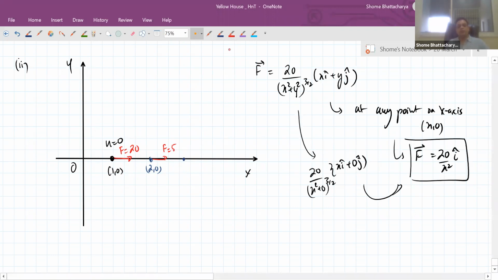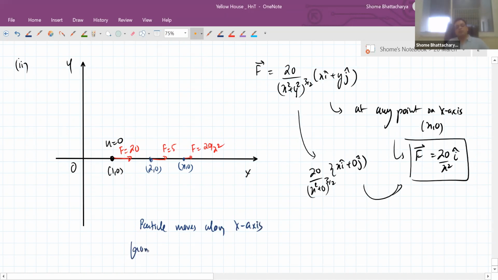So at any general point (x, 0), the force acting on the particle will be 20 by x square. So the particle moves along the x-axis.